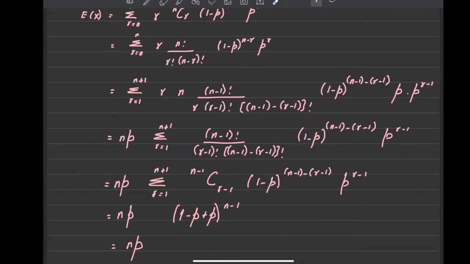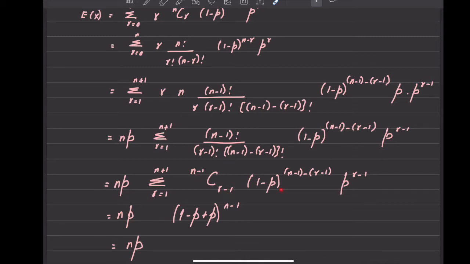I've also split p to the power r as p times p to the power r minus 1. In the next step, I can take n and p outside the summation sign because they are not functions of r. And I can rewrite n minus 1 factorial upon r minus 1 factorial times n minus 1 minus r minus 1 factorial as n minus 1 C r minus 1.